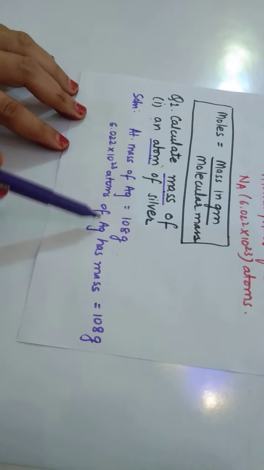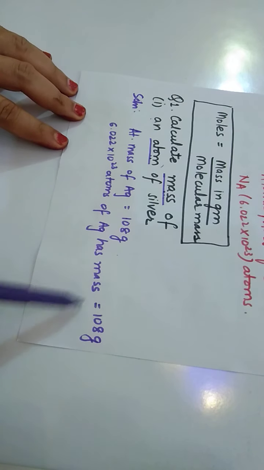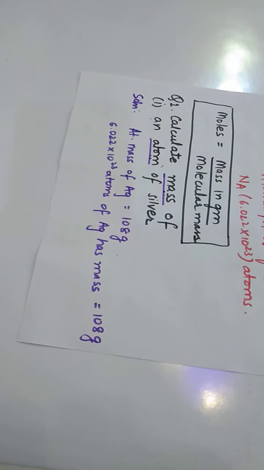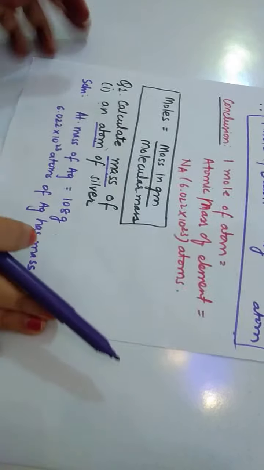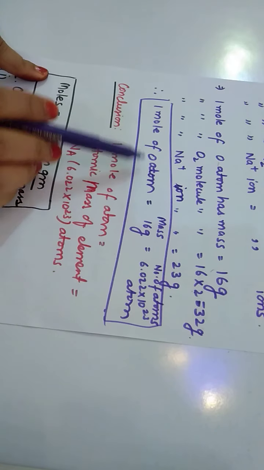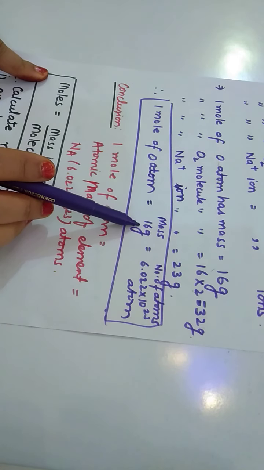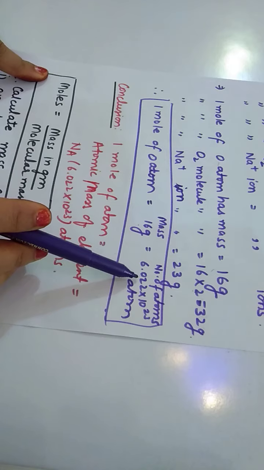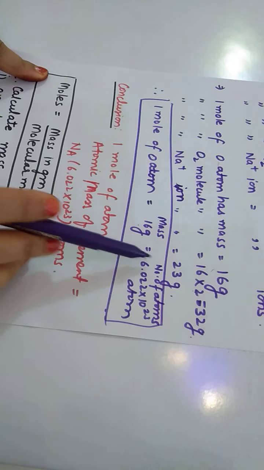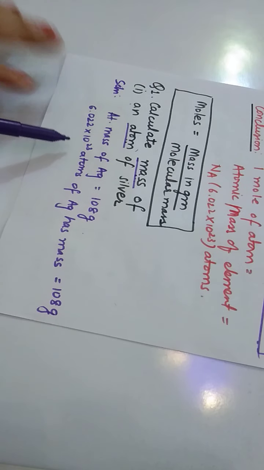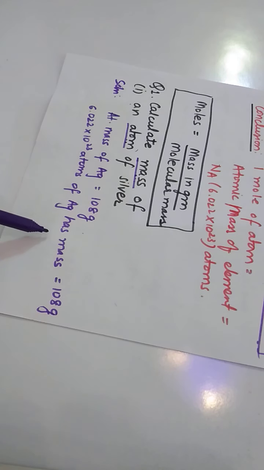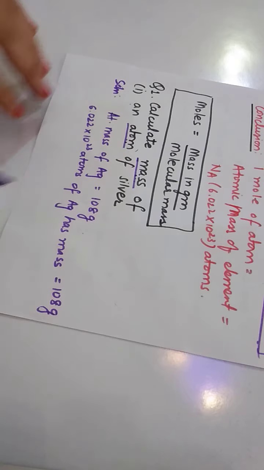So with the help of this you need to find out the mass. Avogadro number of atoms of silver has this mass. This we have already done, like 1 mole of oxygen atom has mass equal to atomic mass, which has how many atoms? Avogadro number of atoms. Same concept I have used here. Avogadro number of atoms of silver has mass 108 gram.